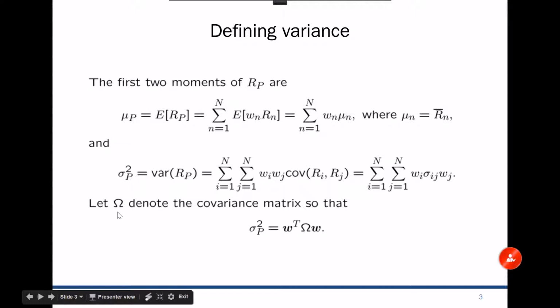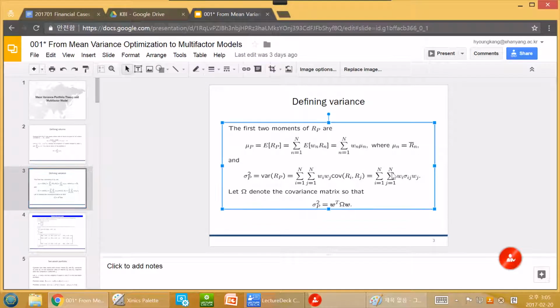This covariance matrix, let's use omega, which I explain shortly. Then sigma p squared is w transpose omega w. Here w is the portfolio weight. Then what is the variance covariance matrix? Simply let's take a look at this one.